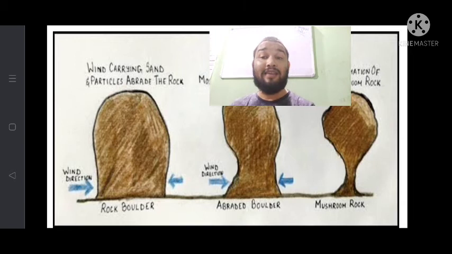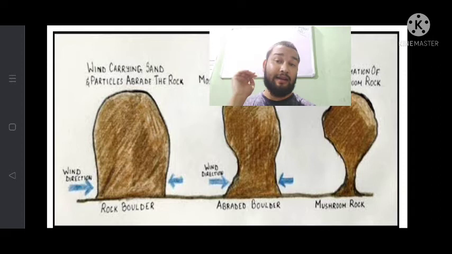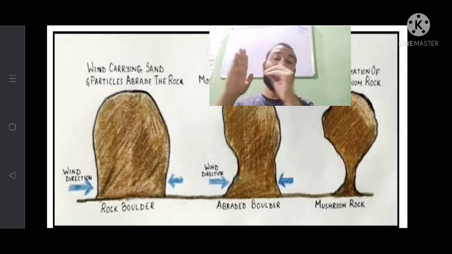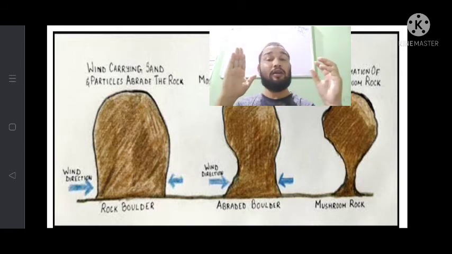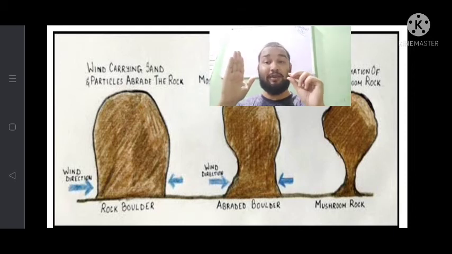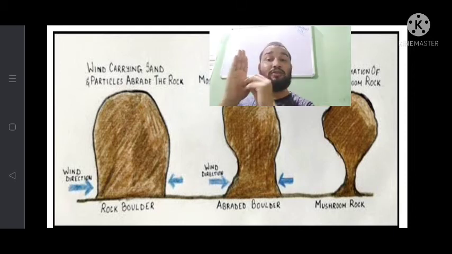So the first hill-shaped boulder, you can see here, was standing like this, and after wind action, wind is always blowing in that hill area in the desert. When wind is blowing every day from this side, the wind brings with it small sand and dust particles. These particles will always hit this hill, and when they hit, they will erode some material.